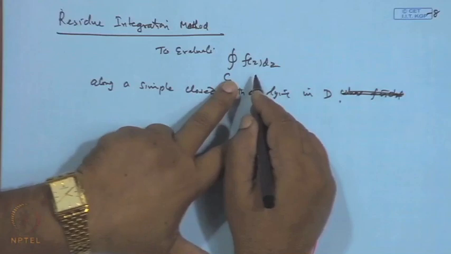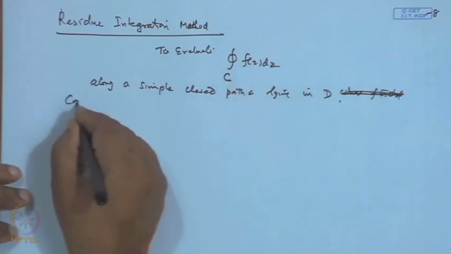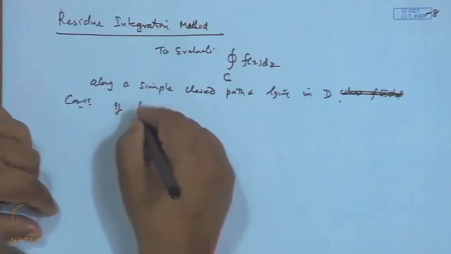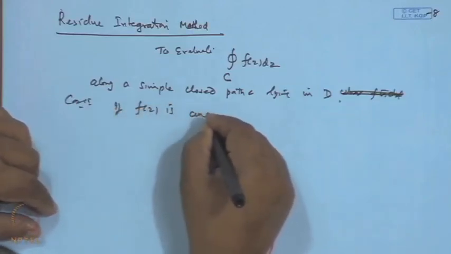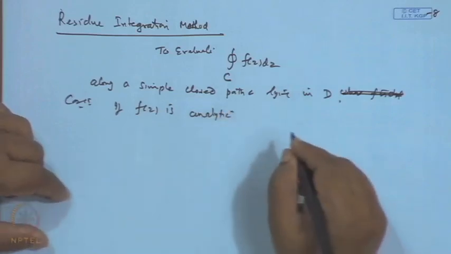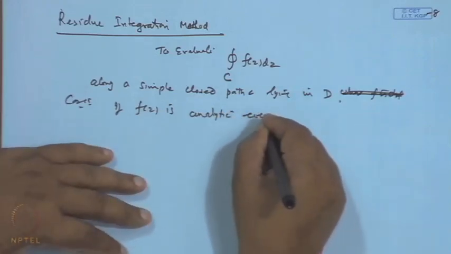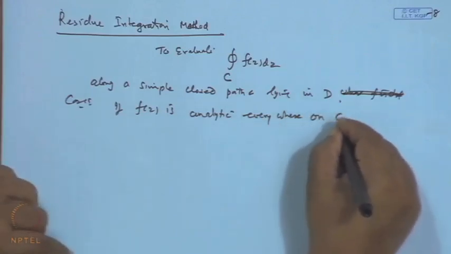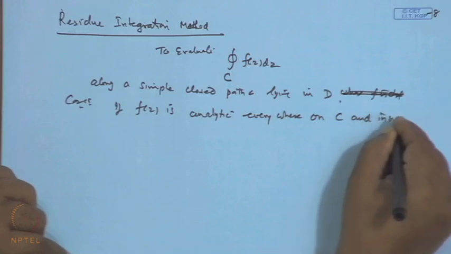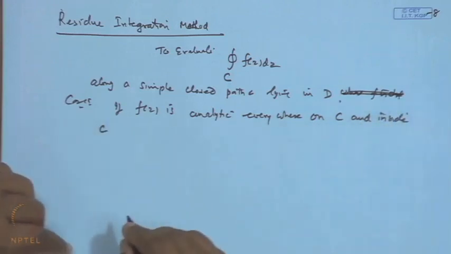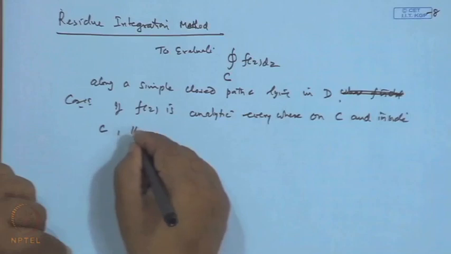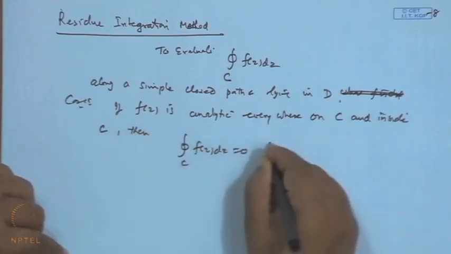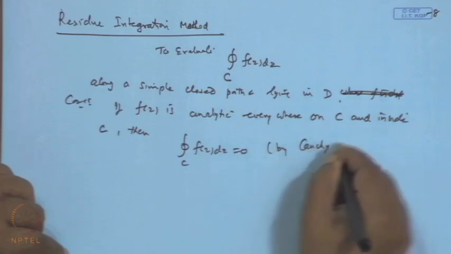Now, for the integral of f(z) dz, two cases may be there. If the function f(z) is analytic everywhere on C and inside C, then the value of this integral will be 0 by the Cauchy integral theorem.